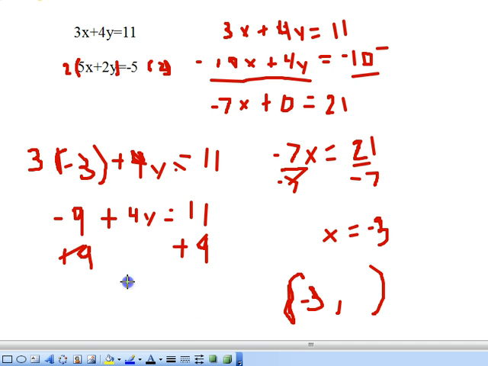So we get 4y equals, if I can make equal signs here, which is not working very well. I'm so sorry. Sometimes the mouse doesn't cooperate.